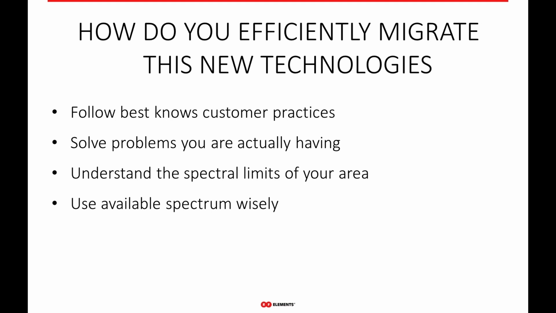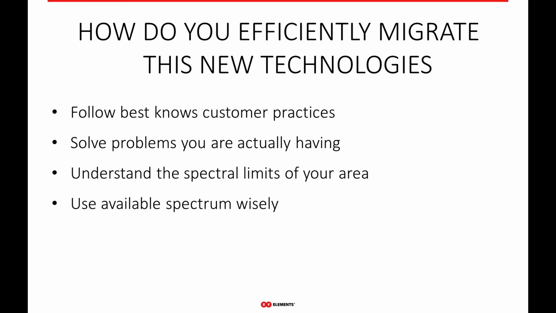Solving that actual problem makes for a much more efficient migration of horns into your network, rather than just saying, let's just throw horns out there. Also, understand the spectral limits of your area. No WISP is the same, no deployment scenario is the same. And when it comes to spectrum, the spectral limits of your area are going to be very different from others.